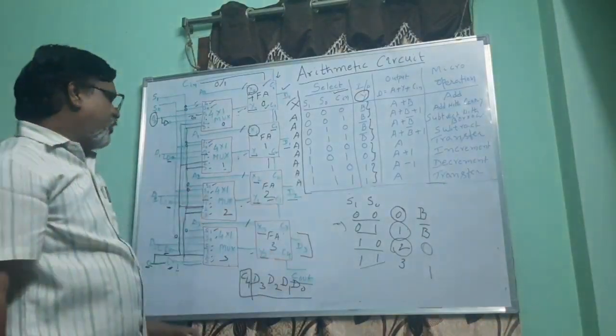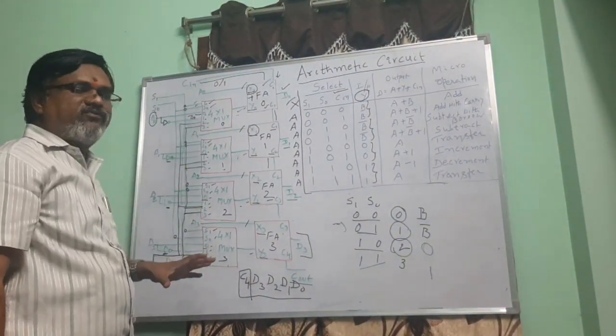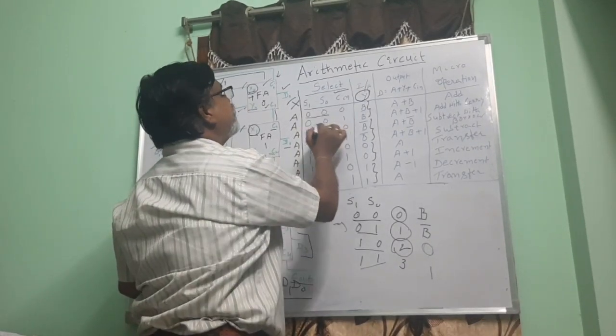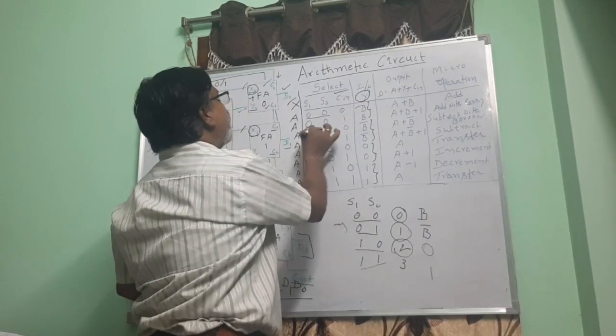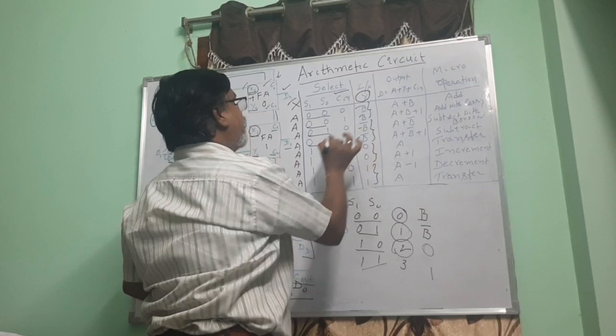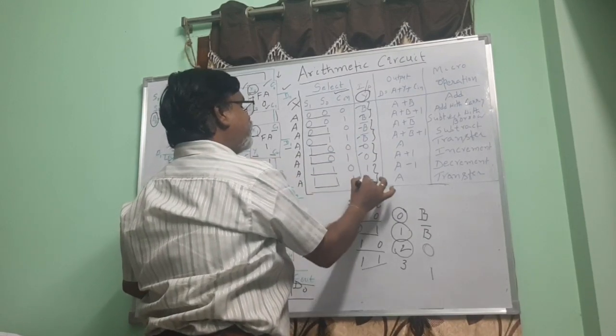That is the effect of your select lines. When S1 and S0 are 0 0, it is B. When they are 0 1, it is B bar. When they are 1 0, it is 0 0. When they are 1 1, it is 1 1.